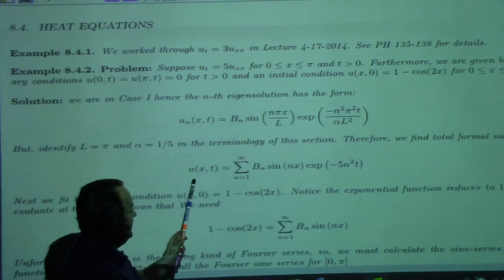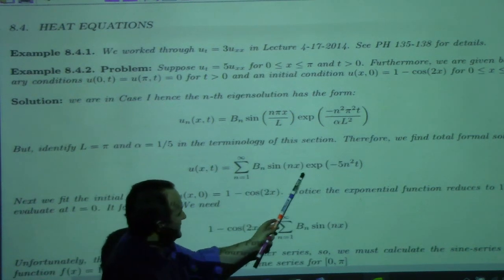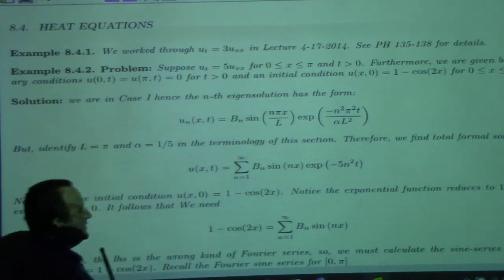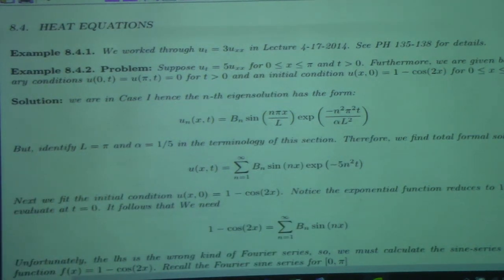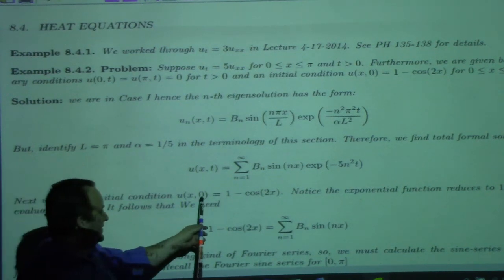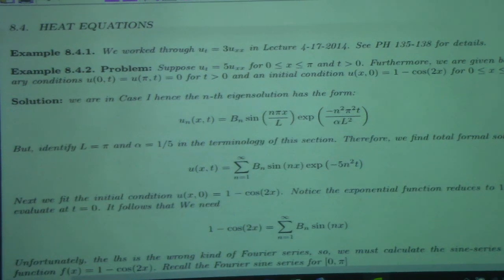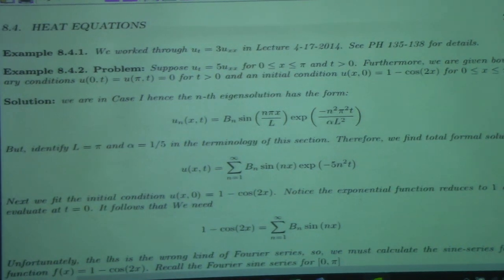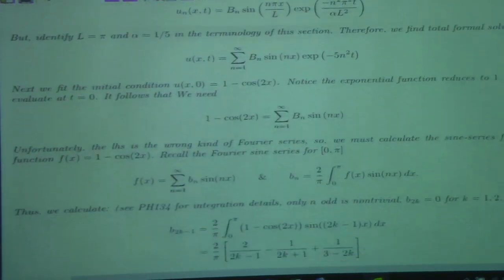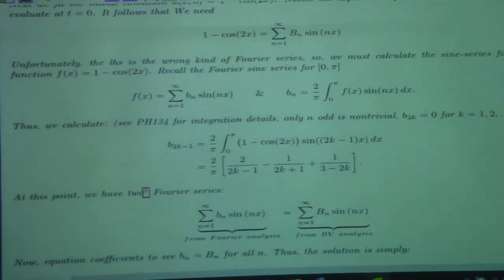So here's my generic solution, b sub n sine of nx e to the minus 5 n squared t. And then I need to find the Fourier decomposition of 1 minus cosine 2x in order to solve this problem. That is not easy. Here it is, though.